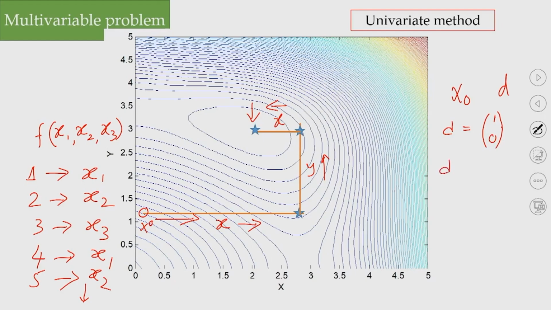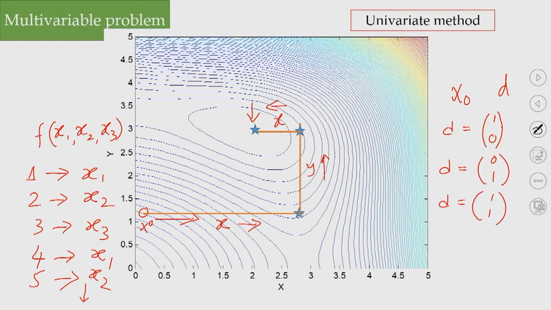If the direction is (0, 1), you are going along the y direction. I can also say the direction is (1, 1), which means you are going along the 45-degree line. Let me explain that one.